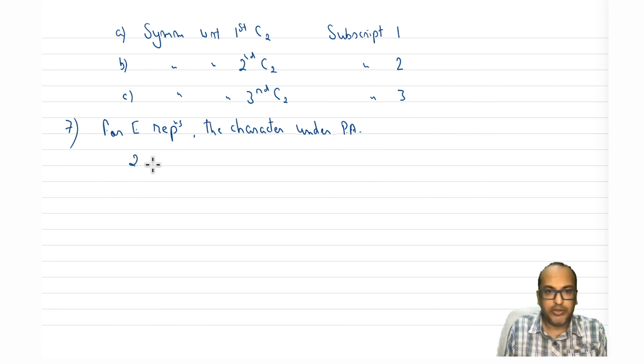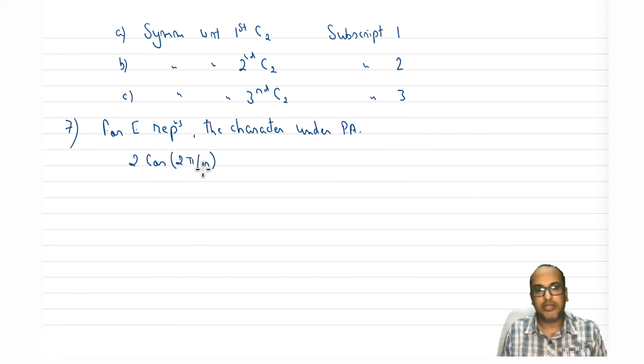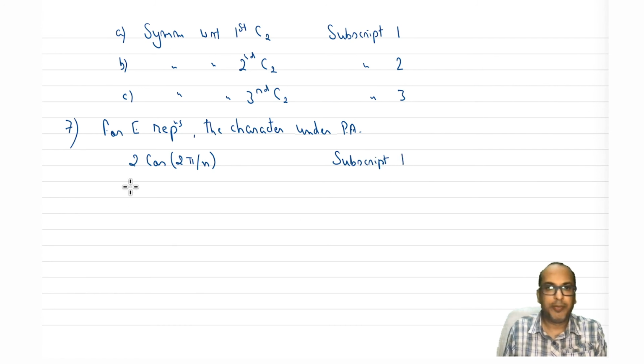If the character is 2 cos 2 pi by n, where n is the order of the principal axis, we all know that, then it takes subscript 1.